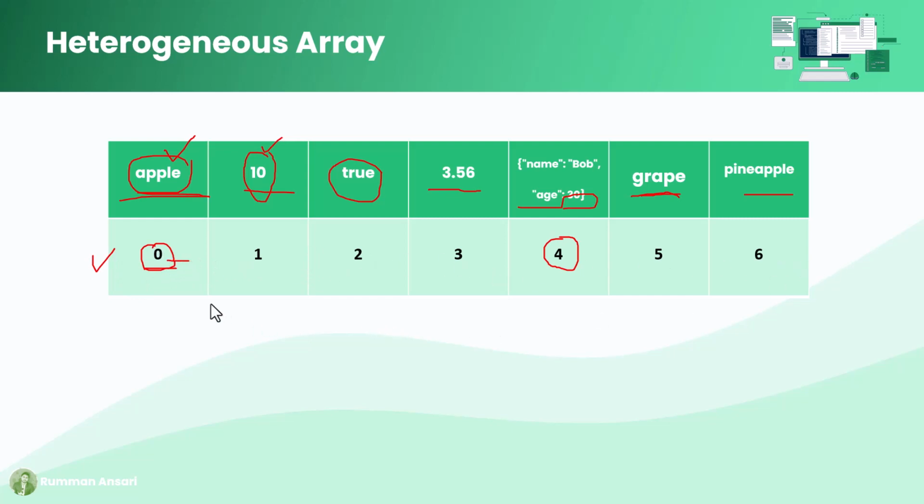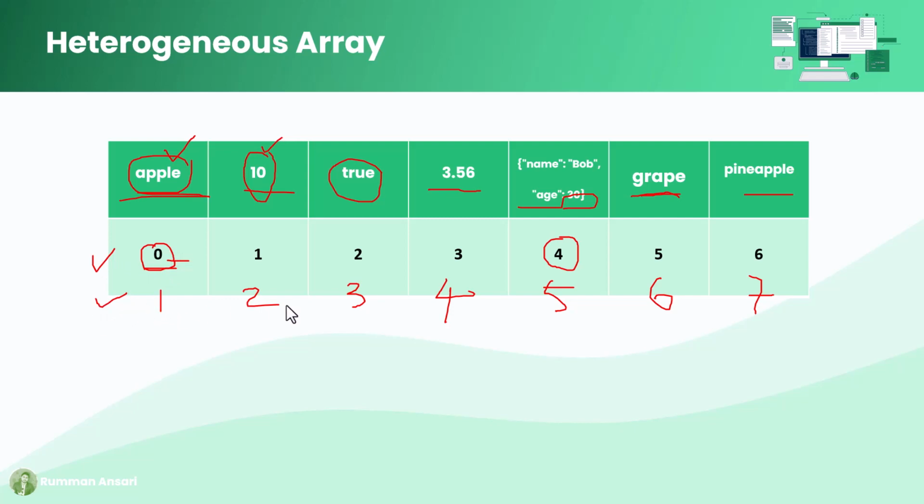But there are some programming languages which actually start from 1, and then it will be 2, then 3, 4, 5, 6 and 7. So you have to understand that for a few programming languages the index will start from 0, and a few programming languages actually start from 1.